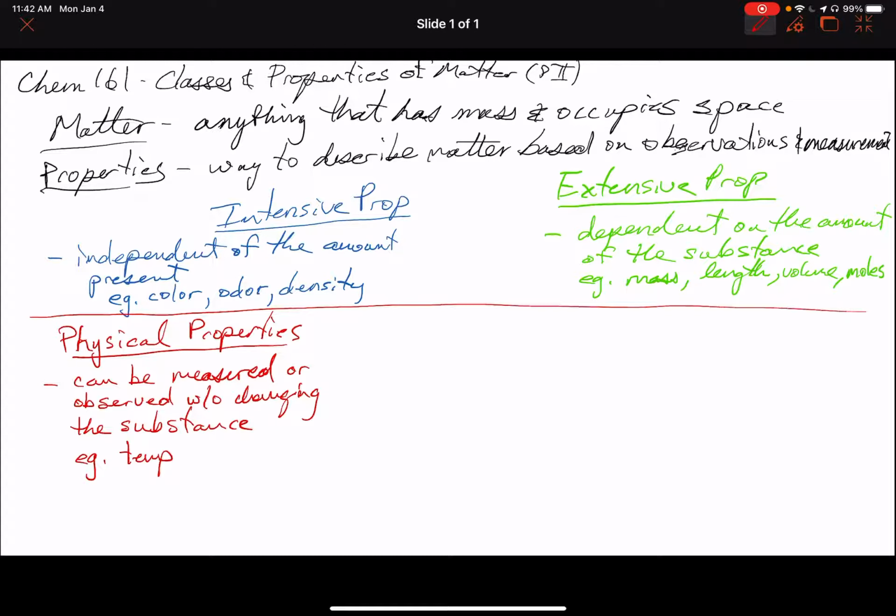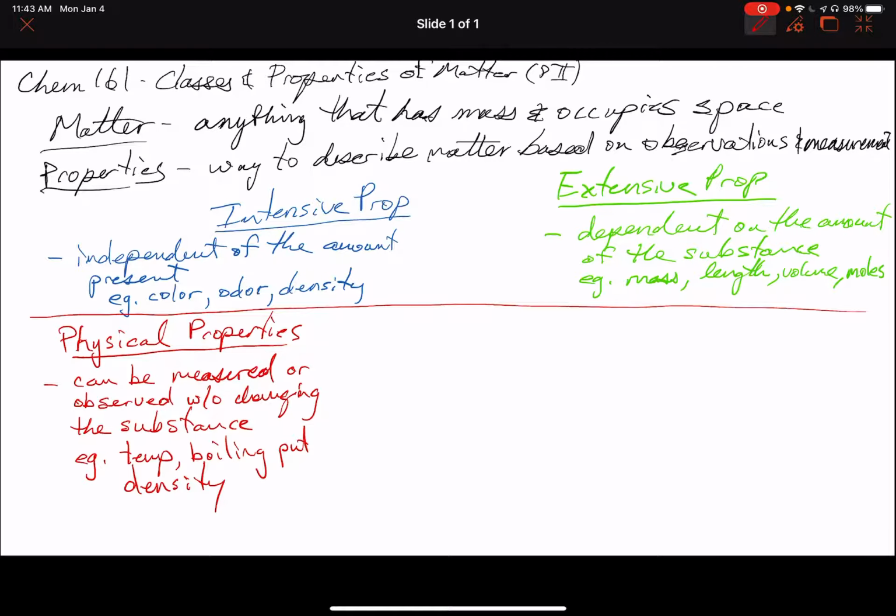The boiling point of a material and the density, again, are examples of physical properties. The boiling point for water, for example, might be 212 degrees Fahrenheit or 100 degrees Celsius. And the water before and after that boiling condition still has the same connectivity between the atoms.